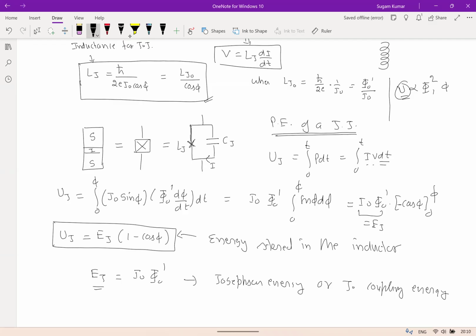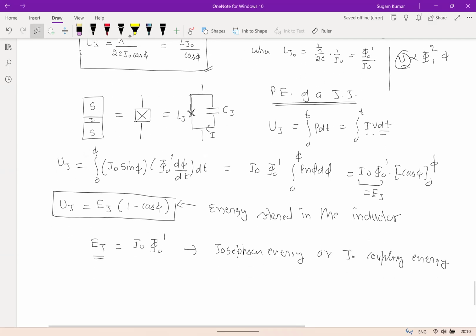So technically this Ej arises due to the overlap or coupling of the wave function on both sides of the superconductor. And here you can just think that this Ej is just a constant, an energy offset.